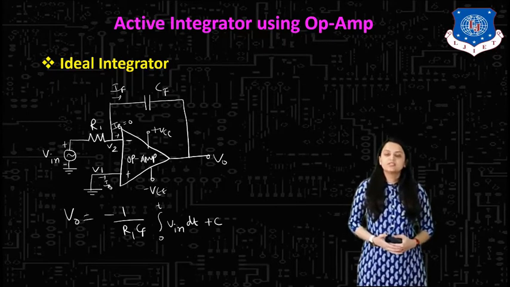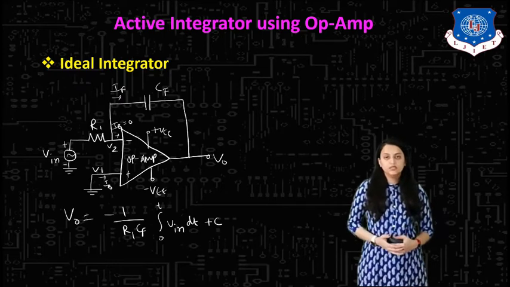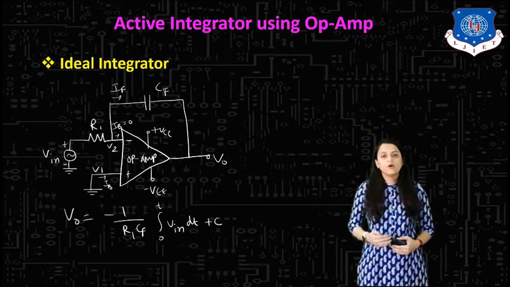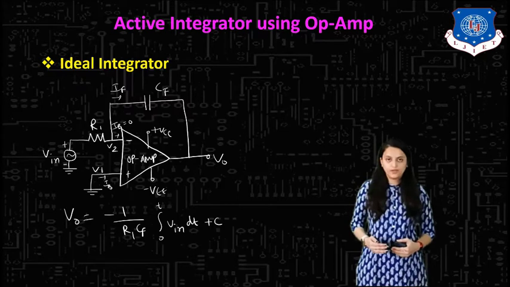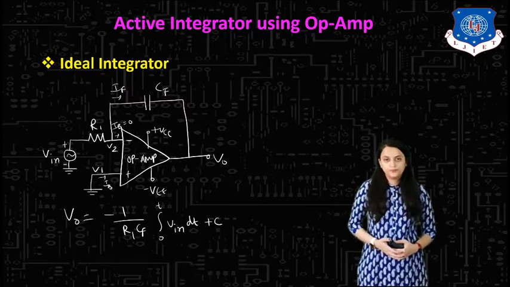The negative sign indicates that we have given the supply to the inverting terminal, so the output waveform will be 180 degrees out of phase with respect to the input.